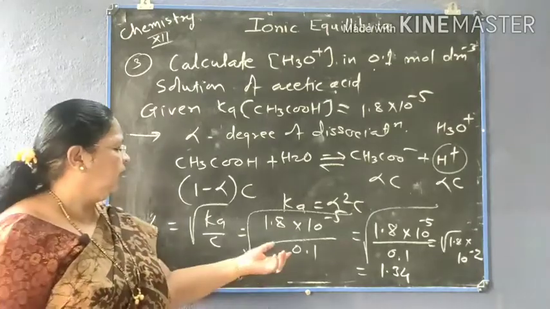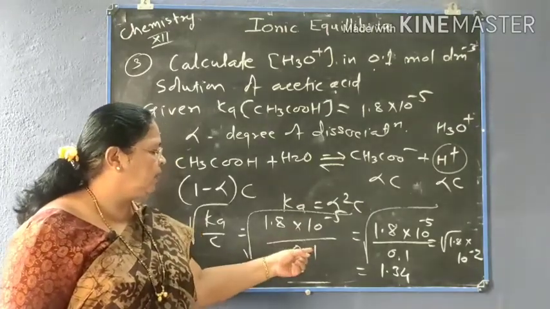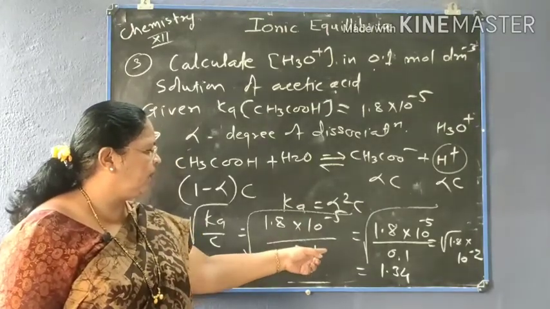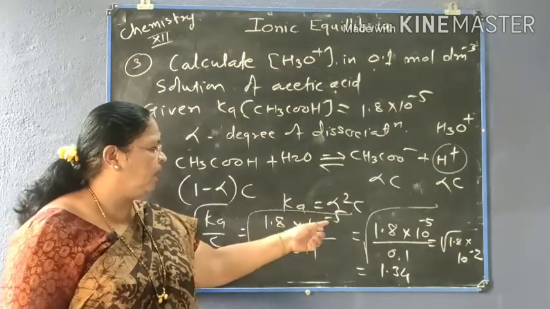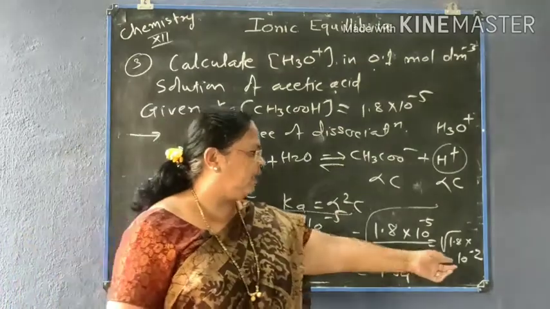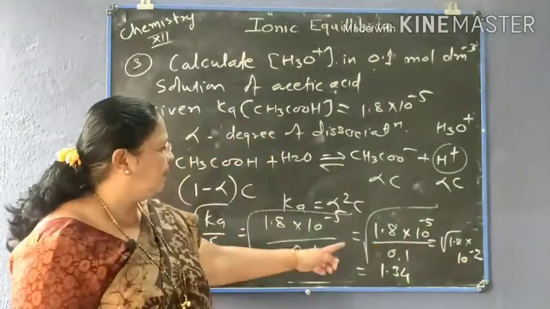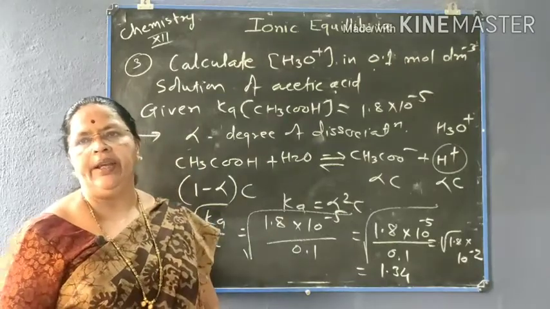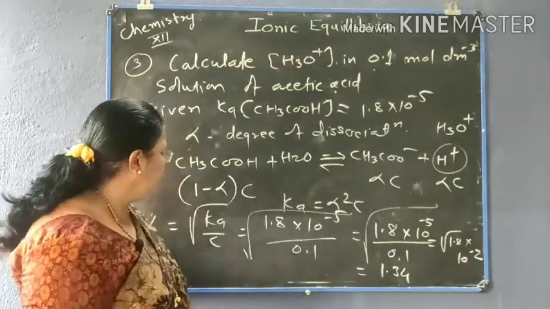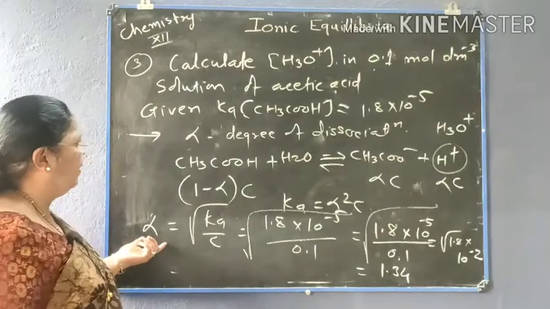Here you can cancel, 10 raised to minus 1 into 10 raised to minus 1 gives 10 raised to minus 4, and its square root is 10 raised to minus 2. The square root of 1.8 is considered as 1.34. So you will get the value of alpha.